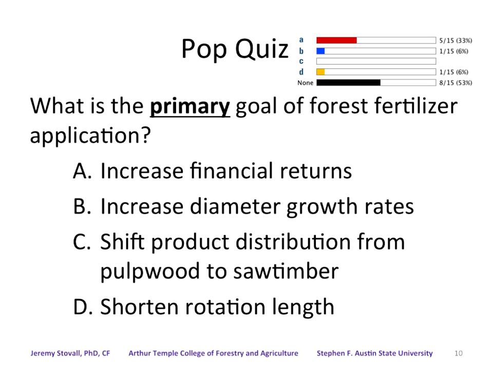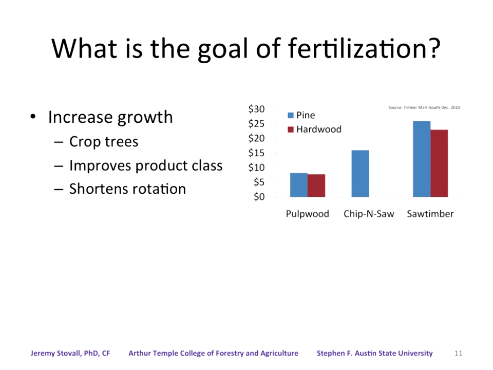So if we think here as an introduction about fertilizer application, what's the goal? Really, you're going to try and increase growth. You're going to try and focus that growth on your crop trees, and you're going to do that so you can improve product class and shorten your rotation. Fertilizer application really is a financial investment, and we need to think about it that way.